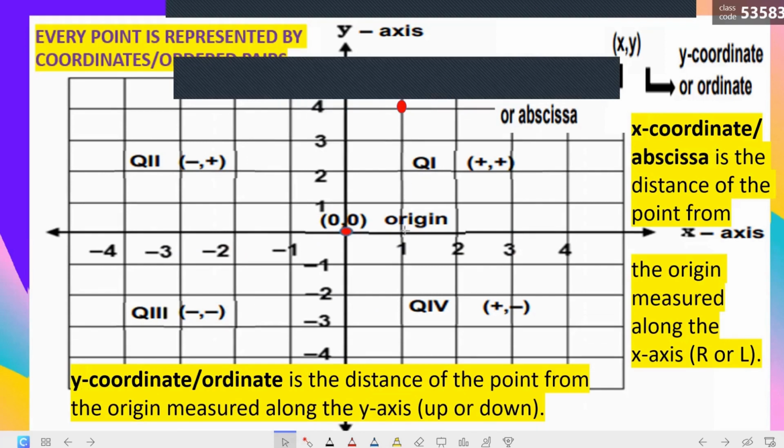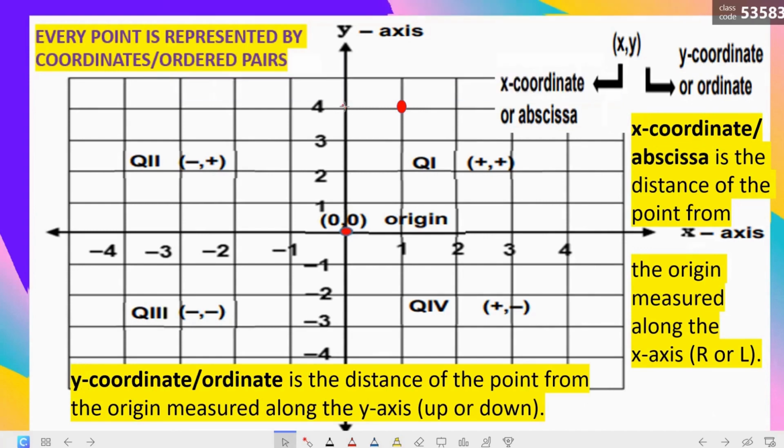Okay, so let's read the x-coordinate or the abscissa. From the point of origin, we move to the right since our point is here. So it is 1 unit from the origin along the x-axis. And when we move along the y-axis, we have 4 units. So 1, 2, 3, 4 here.